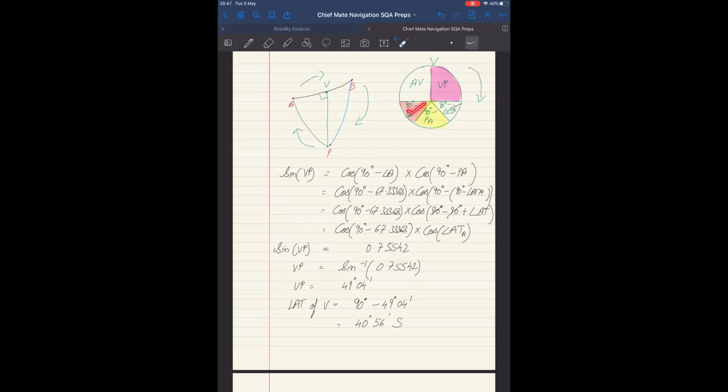So we had this and this, and we need to find out this angle VPA. If I say this is my mid part, then this becomes my adjacent 1, this becomes my adjacent 2, this becomes my opposite 1, and this becomes my opposite 2.